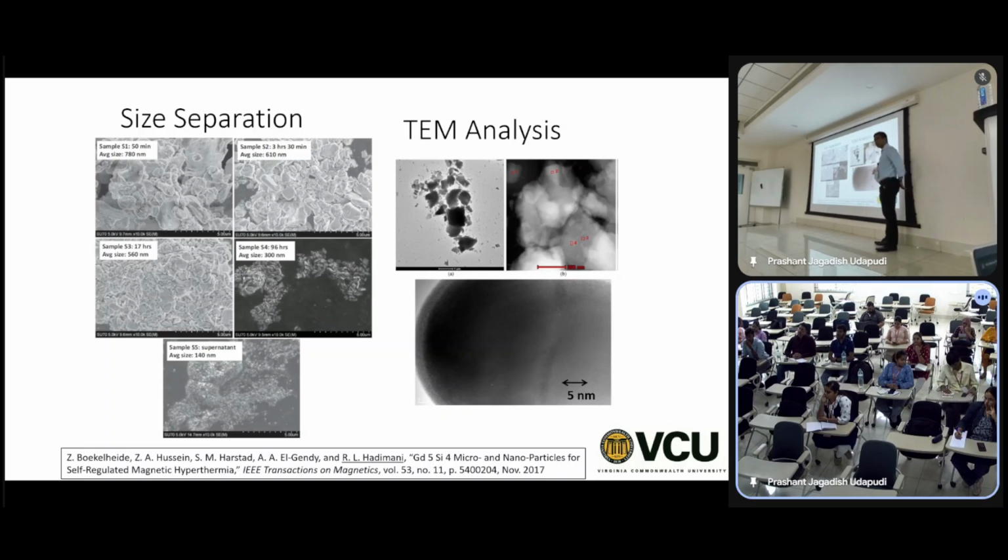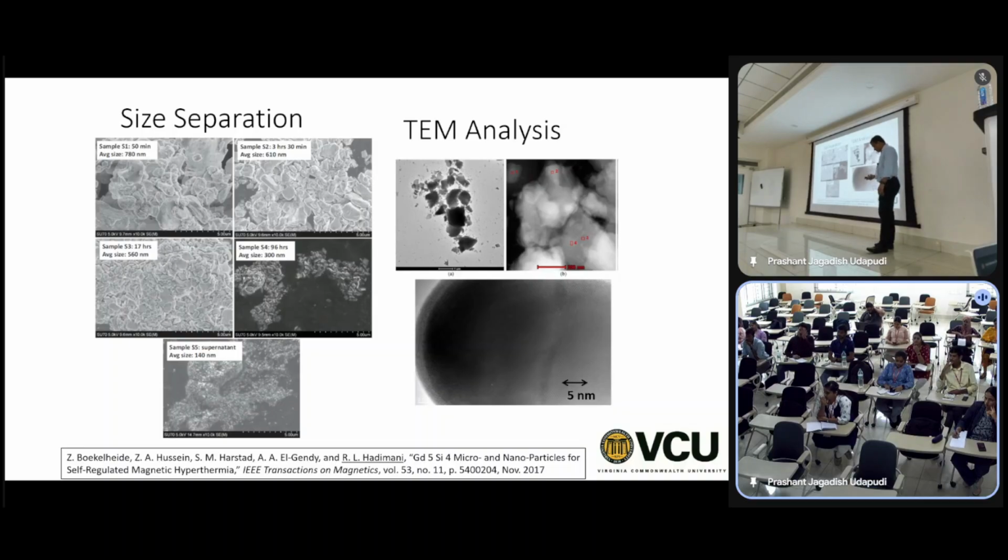Here electrons went through, and here also they went through. So this is amorphous, this is crystalline. Here the electrons did not go through. What this means is this amorphous part is an oxide. Gadolinium oxide, or gadolinium 2 O3, has formed. Here it is gadolinium silicide.